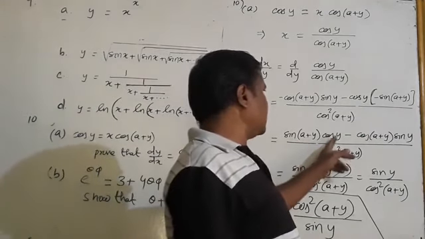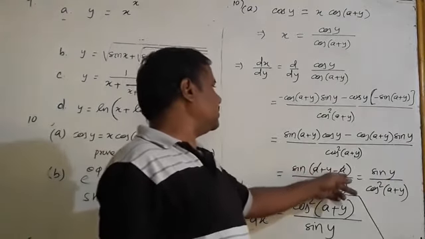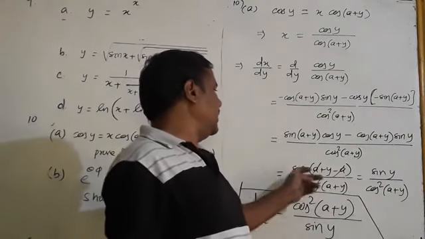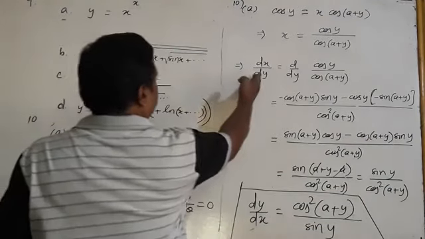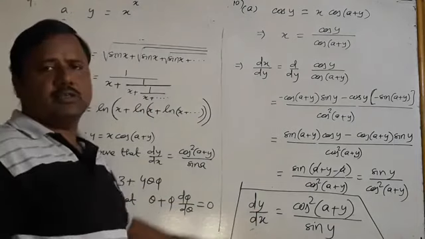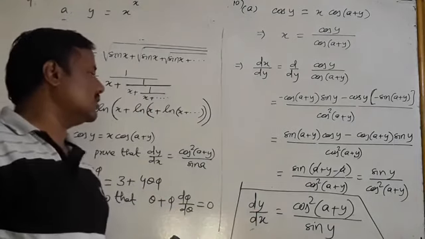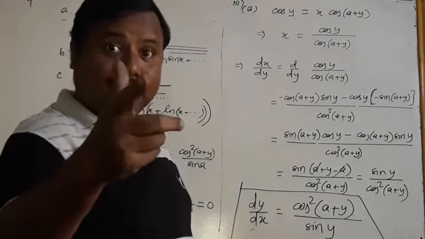Sin a cos b minus cos a sin b is the formula of sin(a minus b), so it becomes sin y by cos squared (a plus y). Now it is dx by dy; you can do just by reversing it, it becomes dy by dx, which is cos squared (a plus y) by sin y. This is the googly ball.